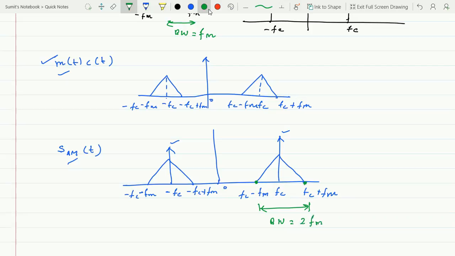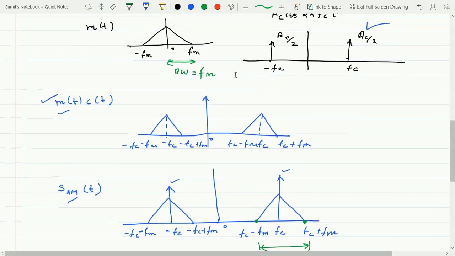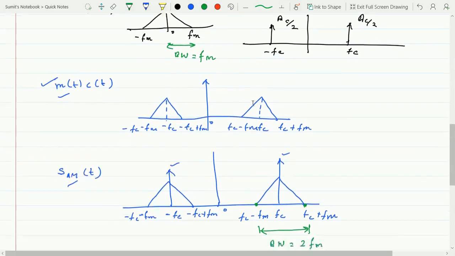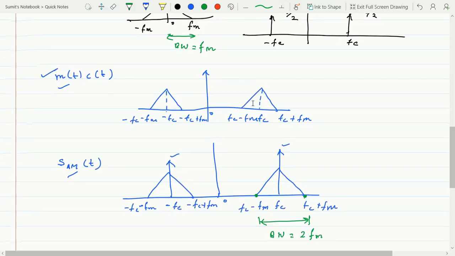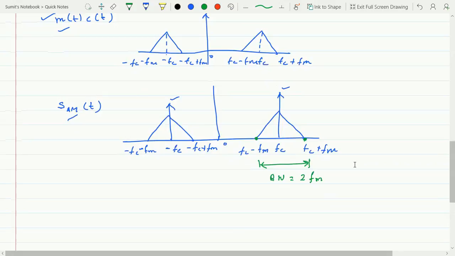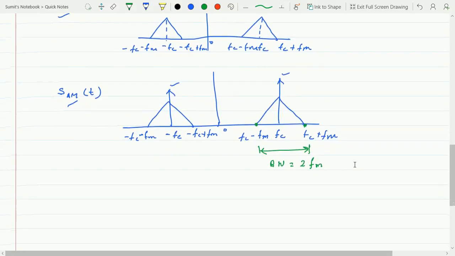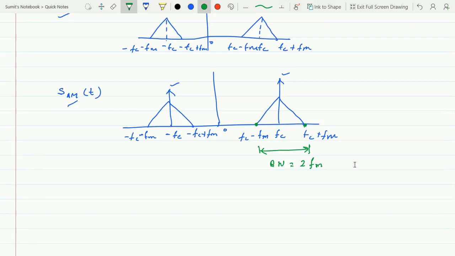So what we observe here is, when we amplitude modulated our original signal, the bandwidth got doubled in the process. From the original message signal bandwidth fm, the amplitude modulated signal has the bandwidth 2fm. So this is how your AM spectrum would look like, just to get an idea how AM works.